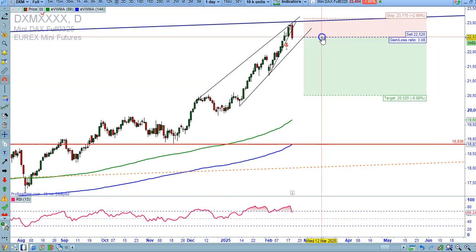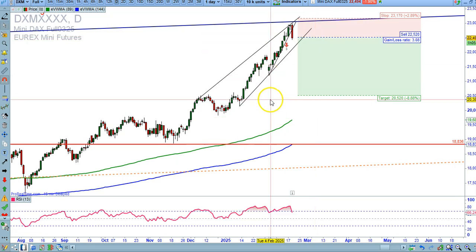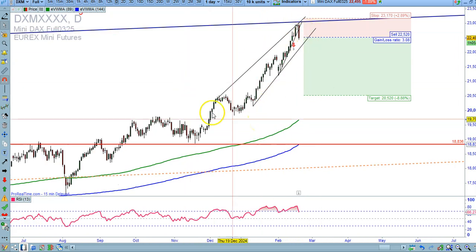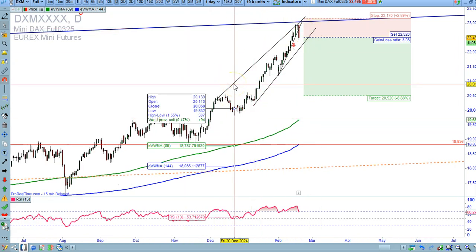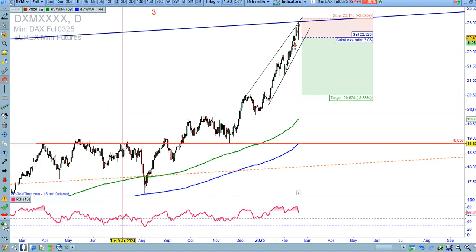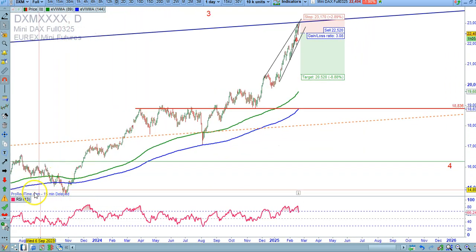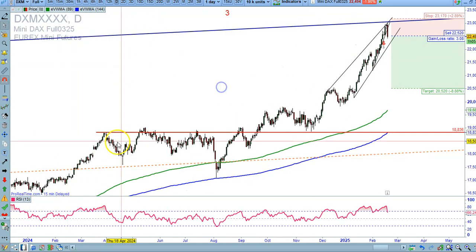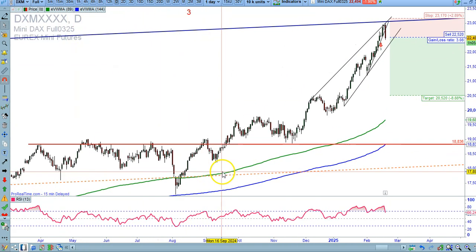The short trade here is something that will give you a good opportunity, especially after the election results in Germany. The DAX is known for corrections that can be really violent after a long run, like this one here, for example, or this one here.